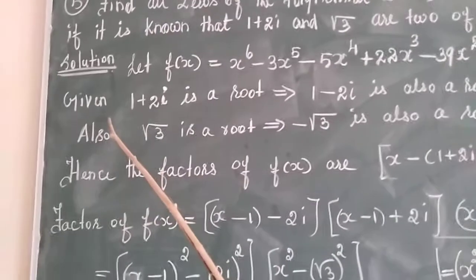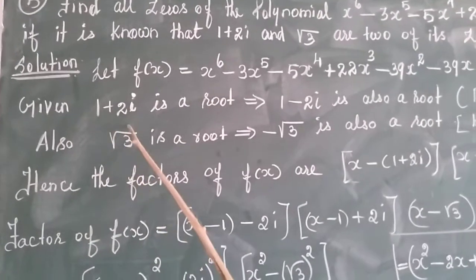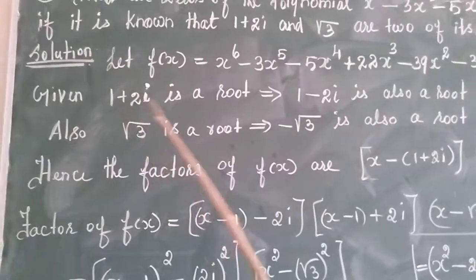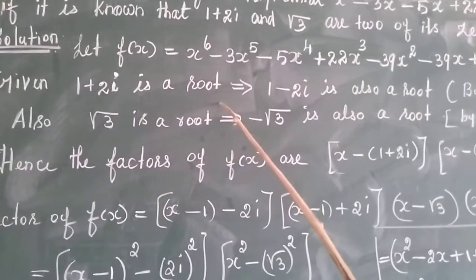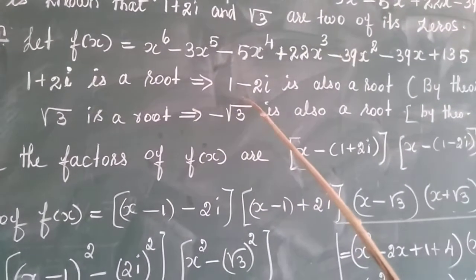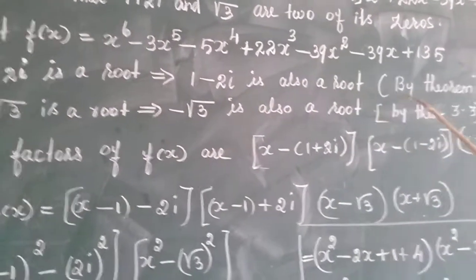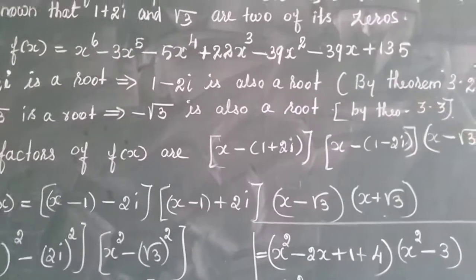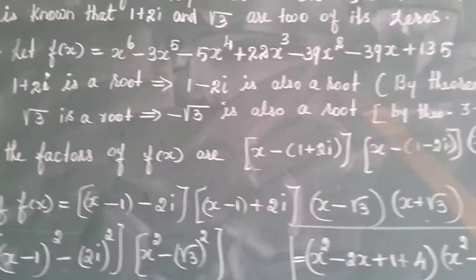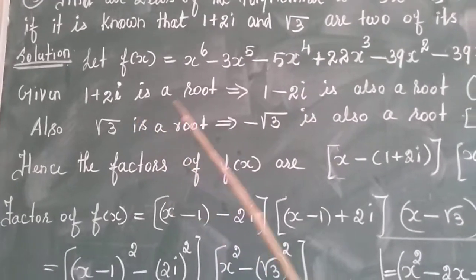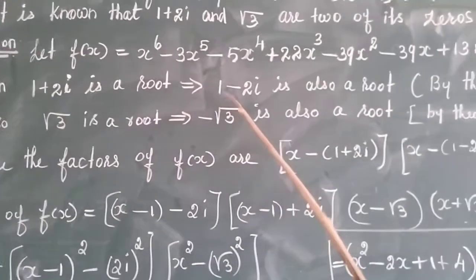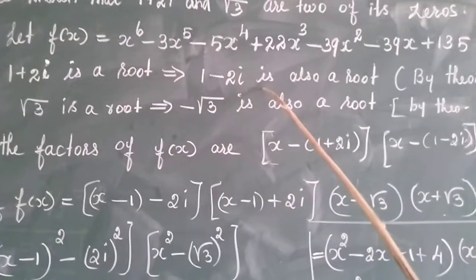Now the given zero, that is the value of x, 1 plus 2i is a root, and 1 minus 2i is also a root. By theorem 3.2, 1 plus 2i is a root means its conjugate 1 minus 2i is also a root.